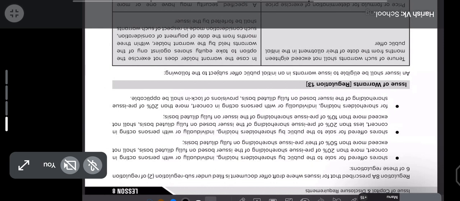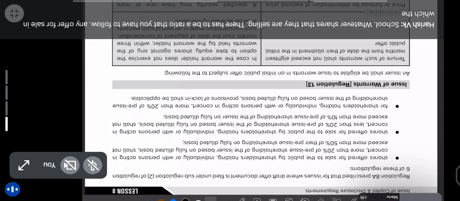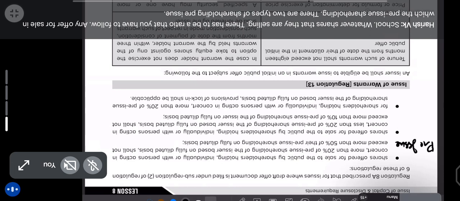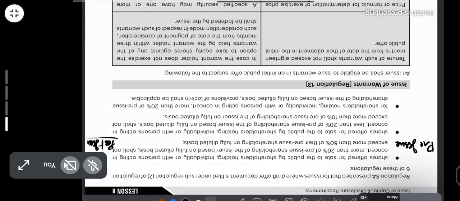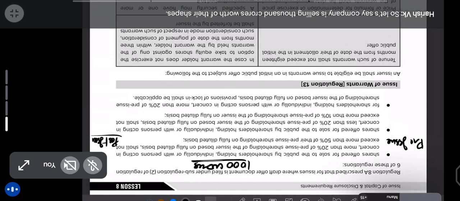they are selling. There has to be a ratio that you have to follow. Any offer for sale in which the pre-issue shareholding. There are two types of shareholding, pre-issue and post-issue. So let's say a company is selling 1,000 crores worth of their shares.